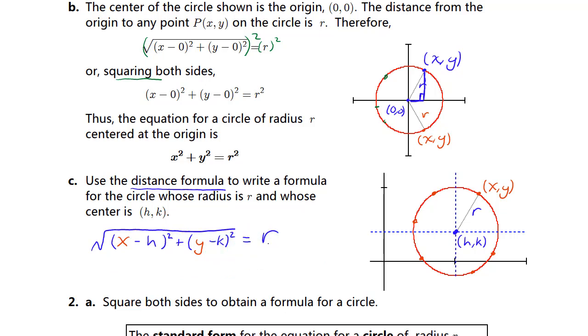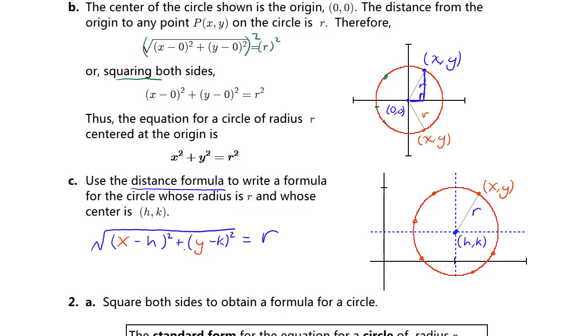And in practice, we're going to have a particular number for h, k and r. Like we might be talking about the circle whose center is at the point 3, 5, that would be your h and k, and whose radius is 7, so r would be 7. But this looks a little awkward like this.